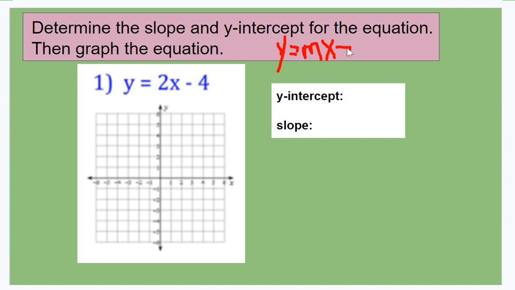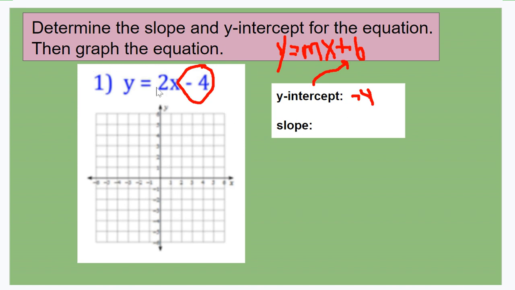All right, so the y-intercept, remember, is always the constant after x, plus or minus some number. So in this case, after x, the y-intercept is -4. Not the best, but it'll work.